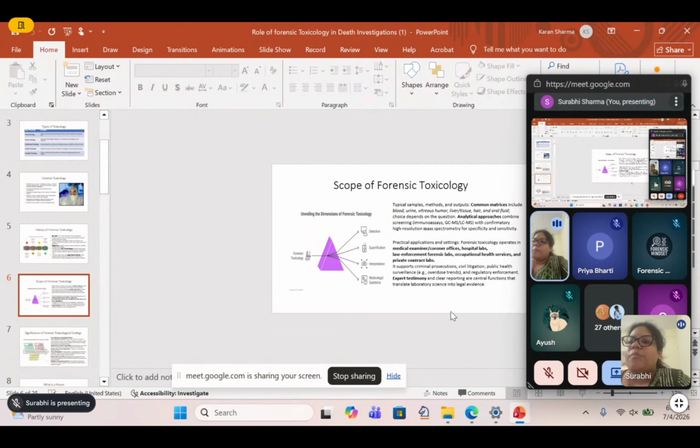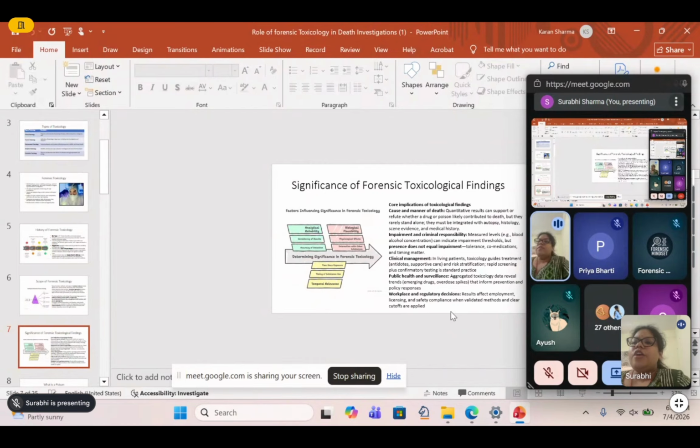Then it supports criminal prosecutors, civil litigation, public health surveillance, and regulatory enforcement. And lastly, expert testimony and clear reporting are central functions that translate laboratory science into legal evidence.